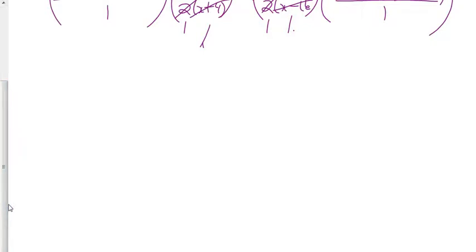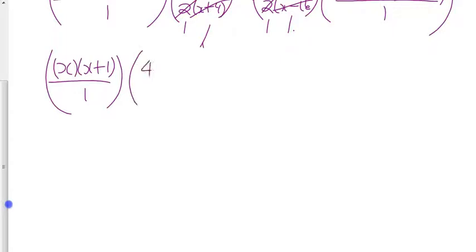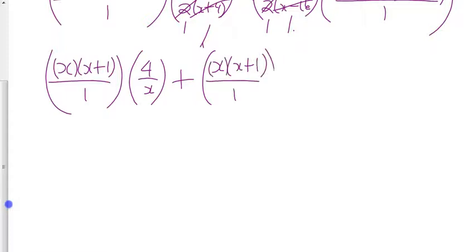So what we're dealing with, 4 over x. Here's what we're going to do. We decided that the lowest common denominator was x times x plus 1. We're going to multiply that by 4 over x. And then we take the common denominator, x times x plus 1, and multiply that by 6 over x plus 1.